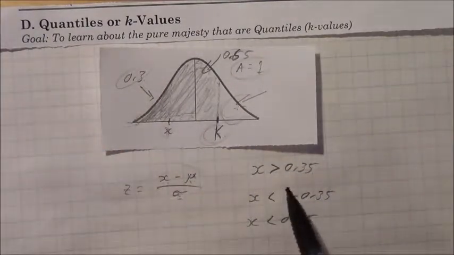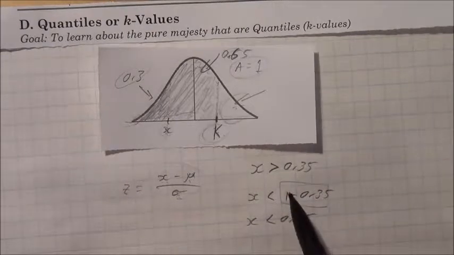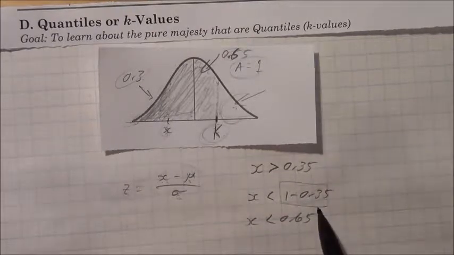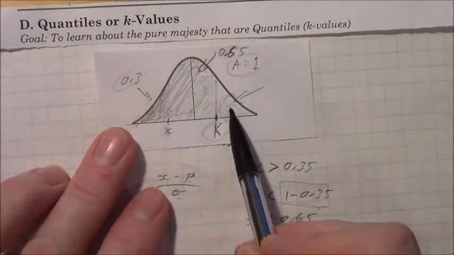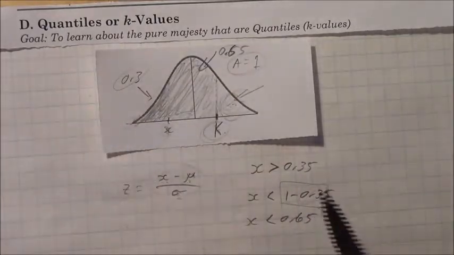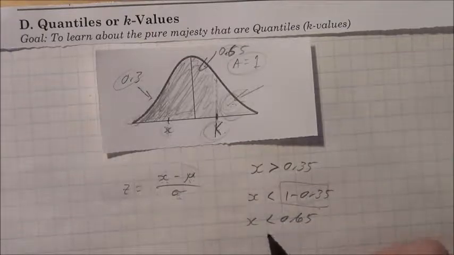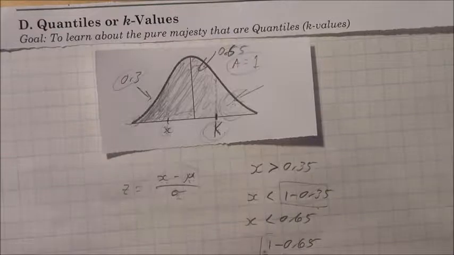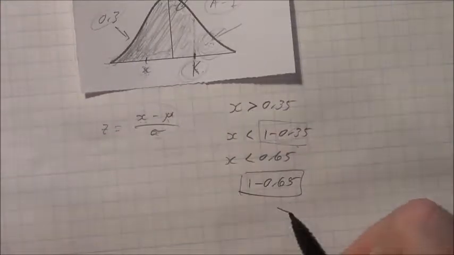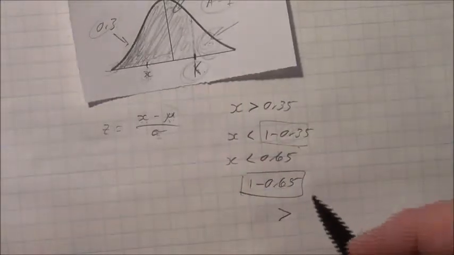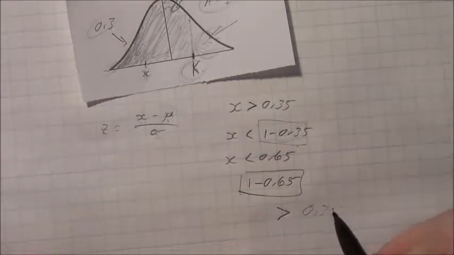Sorry, we would be subtracting 1 minus 0.65, and that would give us what's greater than this k value, giving us the 0.35.